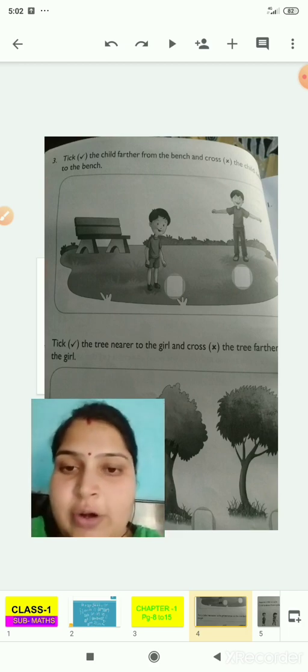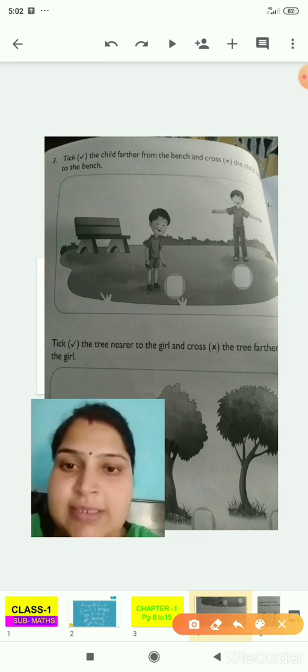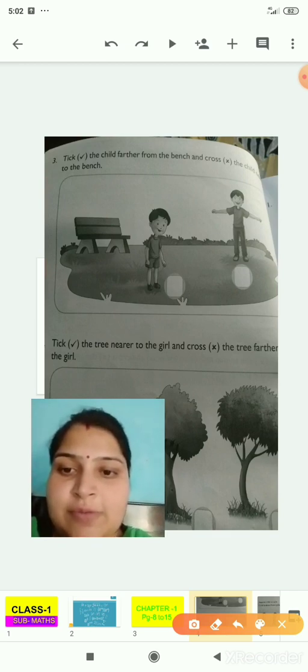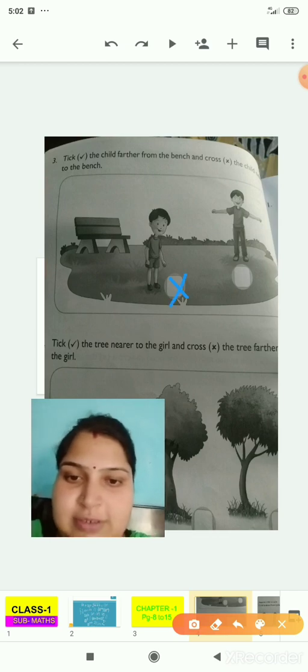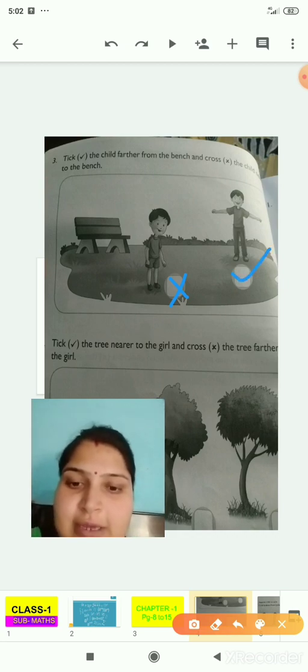So children, according to the picture, the small boy who is younger is nearby the bench. So here we will put a cross in the box, and the child who is far away, here we have to tick.